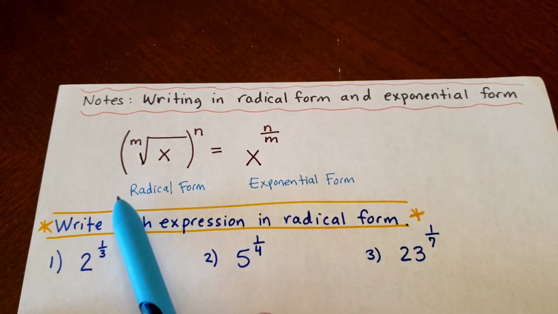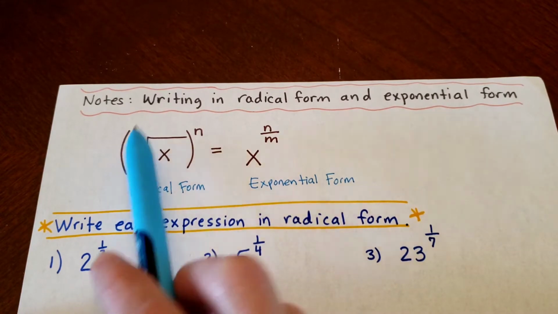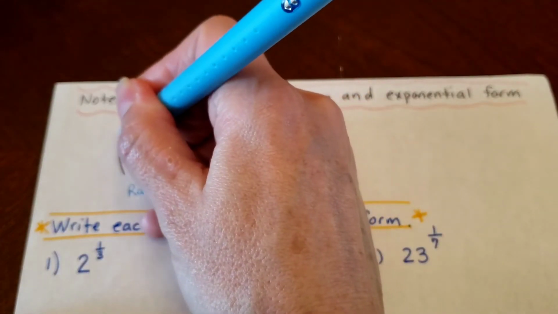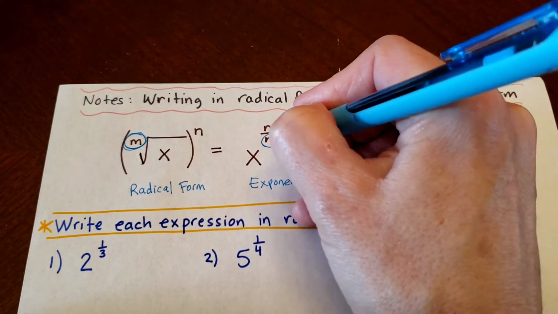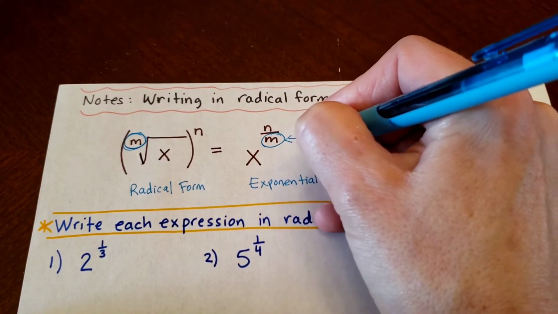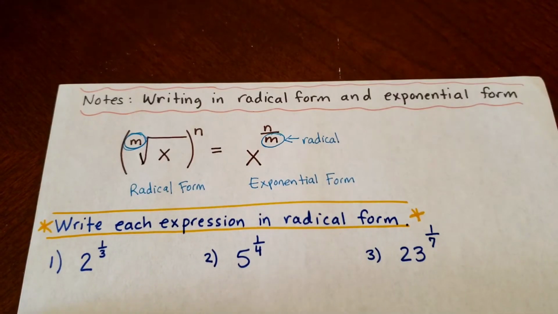You're going to notice that the number that is outside of the radical, this m here, is the same m here. So this m references the radical, and it's on the bottom.